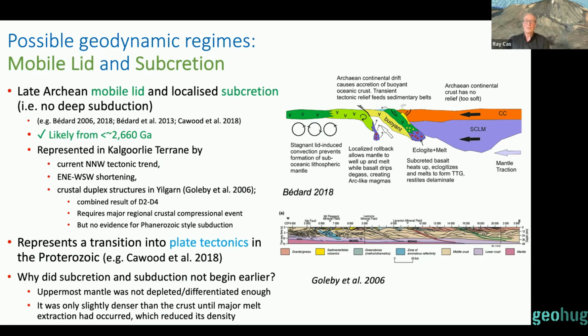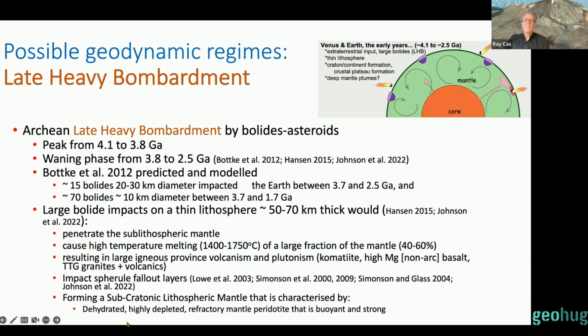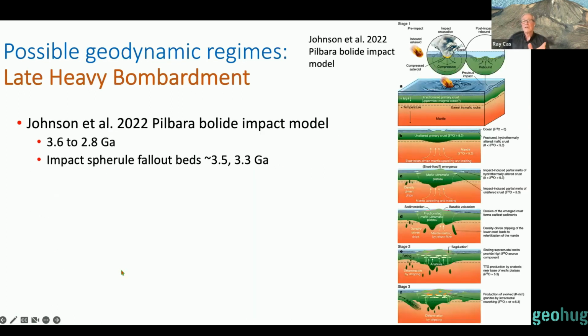But these have been documented in many cratons around the world during the Archean, particularly in the Pilbara Craton to the north of the Yilgarn. So heavy bombardment is likely to have occurred and could explain, for example, the onset of komatiitic and associated mafic magmatism, and then the subsequent evolving felsic magmatism.